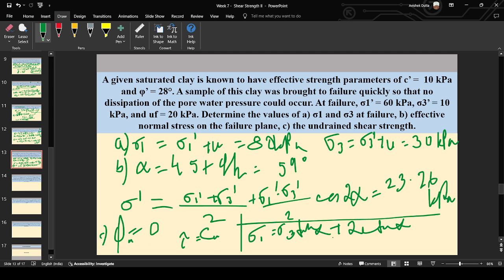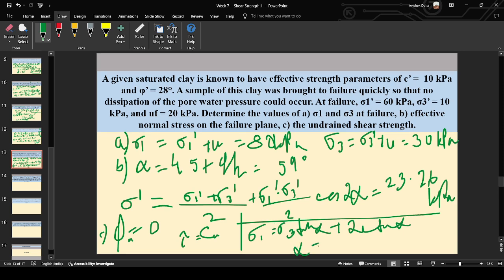If phi equals 0, the value of alpha will be 45. Put the values, and we get the value of Cu, which also equals tau, approximately 25 kilonewton per meter square or kilopascal, whatever.